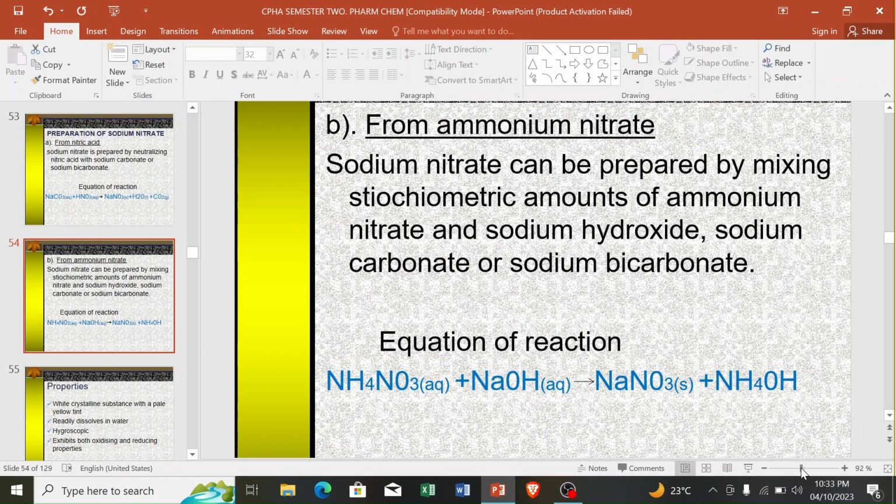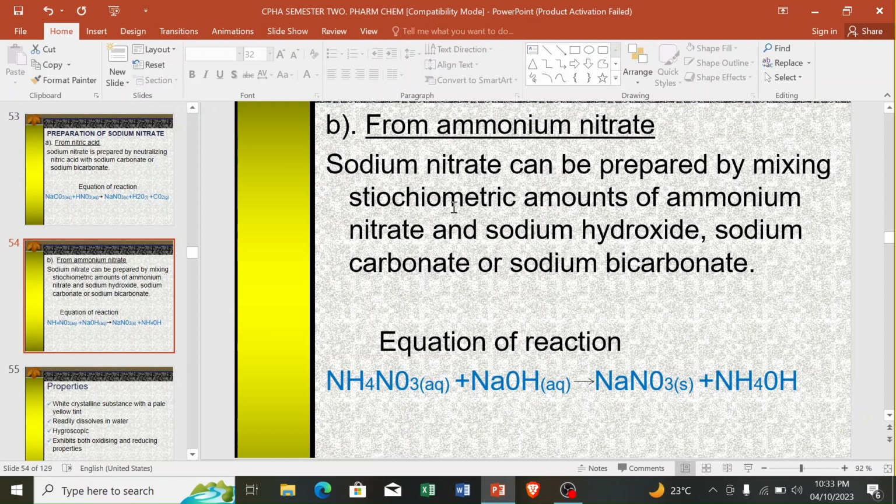Okay. The second method of preparing our sodium nitrate: we prepare it from ammonium nitrate. So sodium nitrate can be prepared by mixing stoichiometric amounts. Stoichiometric amounts may confuse people. We are going to look at it more.